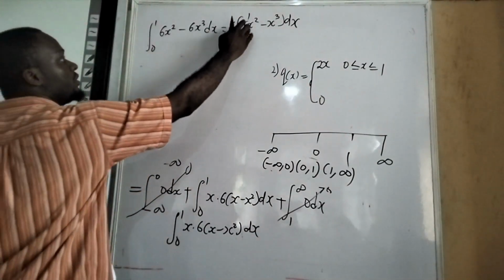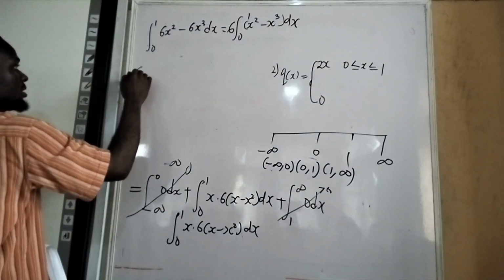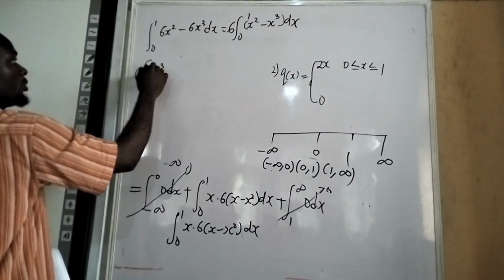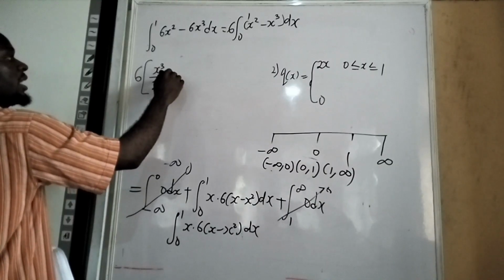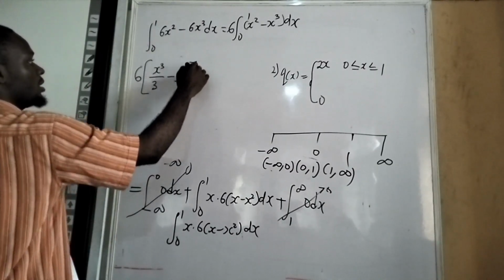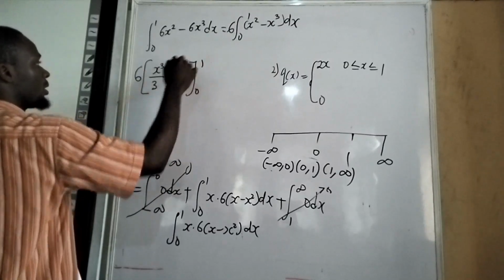So integrate individually. You have 6; integrate x squared, you have x cubed over 3; integrate x cubed, you have x to the 4 over 4. Limit from 0 to 1.